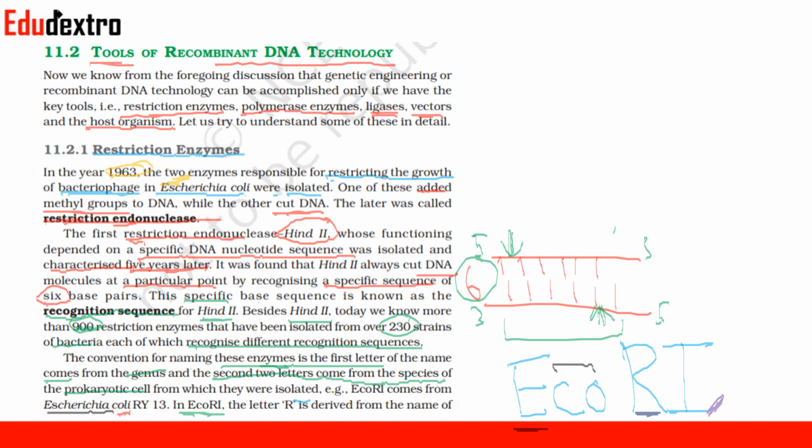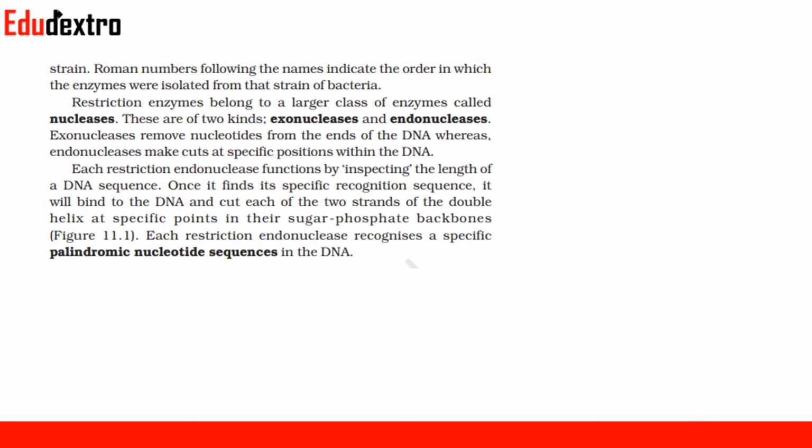For example, if from Escherichia coli RY13 you have isolated 10 restriction enzymes, then this is the first enzyme of the 10. So E from Escherichia, co from coli, R from RY13, and 1 is the order. The Roman numerals following the names indicate the order in which the enzymes were isolated from that strain of bacteria.